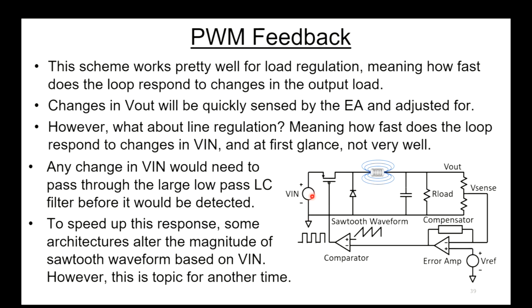And at first glance, this is not going to be very good, because if you changed V in, that signal would have to come in here, go through this massive low pass filter before it could get sensed by the error amp and corrected. I think this is called voltage mode feedback, and it's probably pretty good for output regulation, but not very good for line regulation.